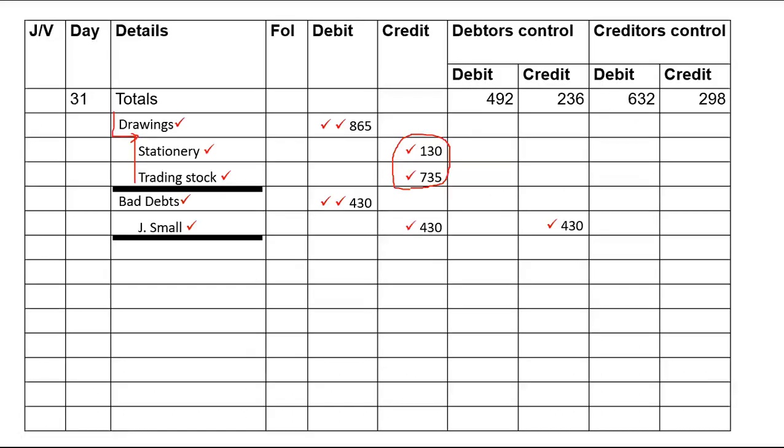We are simply going to debit repairs and credit land and buildings by the same amount, which is 20,000 rand. We good? Great.